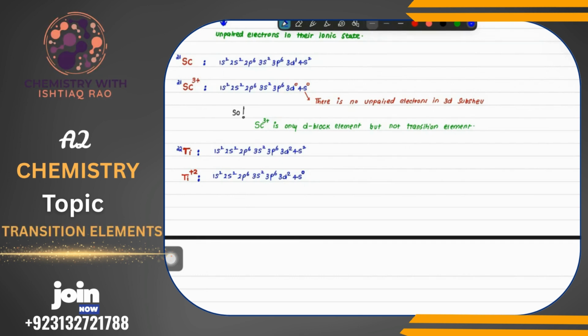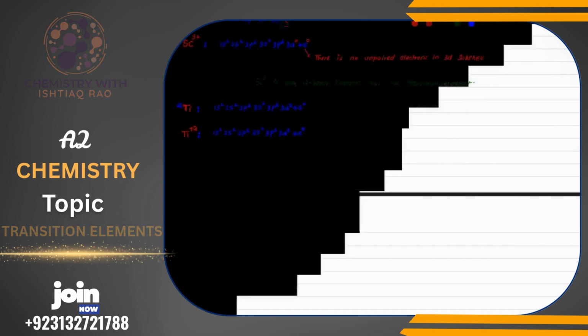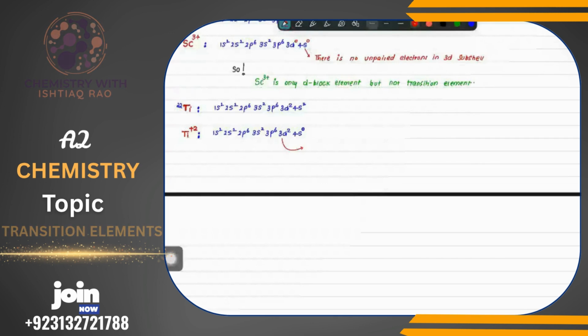Then you can see, after removing two electrons, this is the d subshell: 1, then 2, then 3, then 4, then 5. It's going to be 1, then 2. As you can see, it has two unpaired electrons.